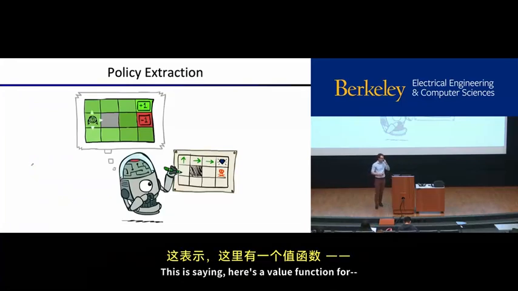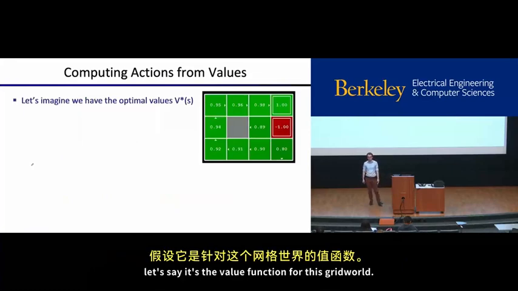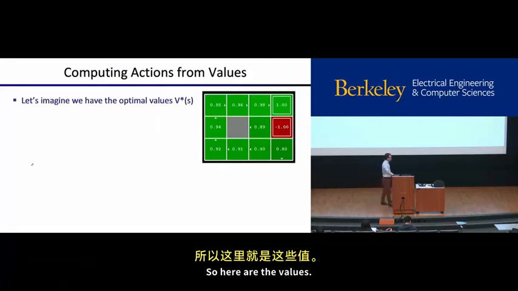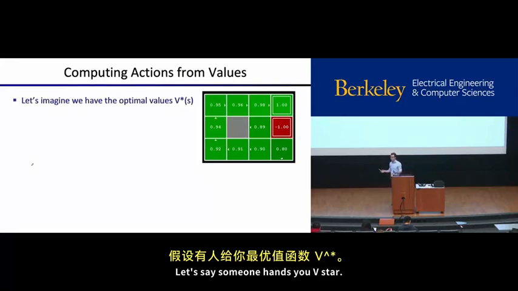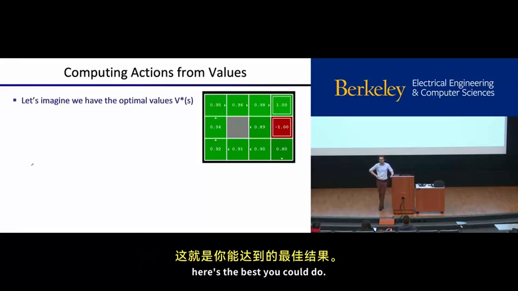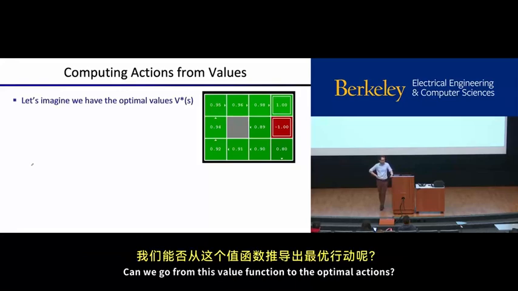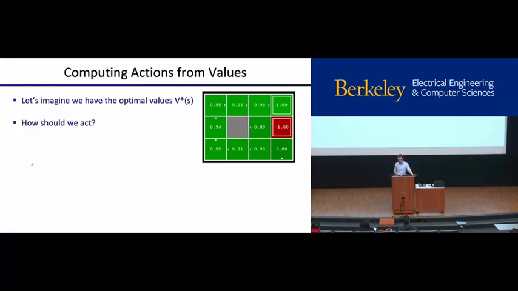Here's a value function for, let's say, this grid world. So here are the values. How can we compute the optimal policy for this value function? Let's say someone hands you V star. This is saying, if you act optimally from each of these states, here's the best you could do. Can we go from this value function to the optimal actions? How should we act based on this value function?